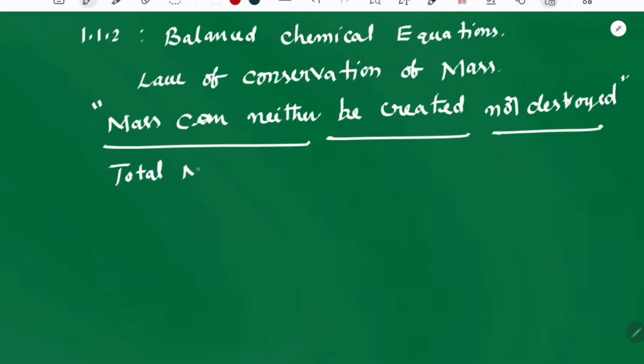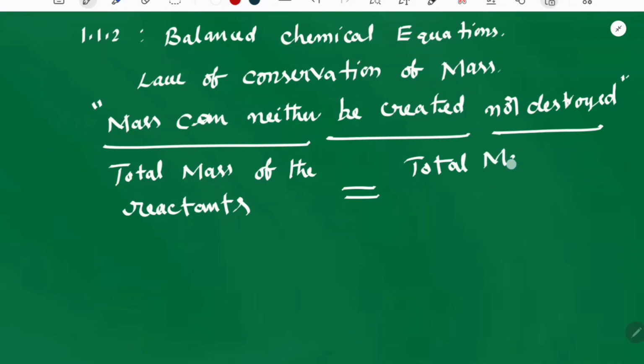Total mass of the reactants is equal to total mass of the products.